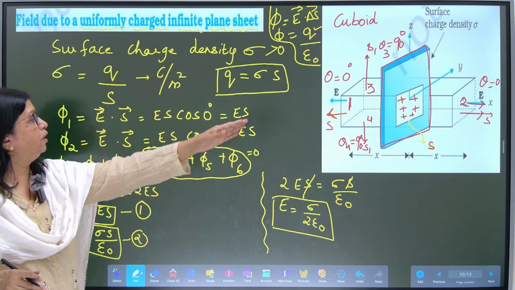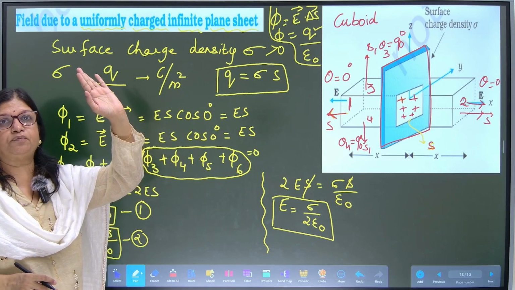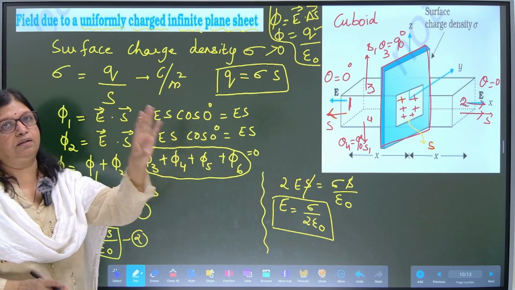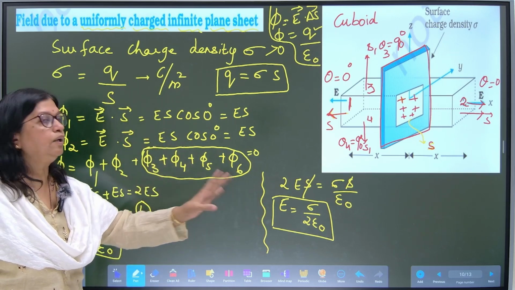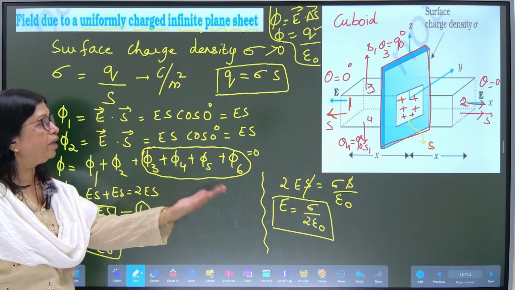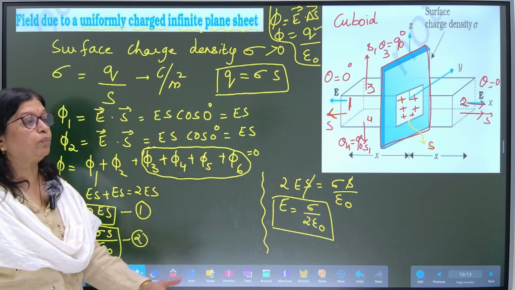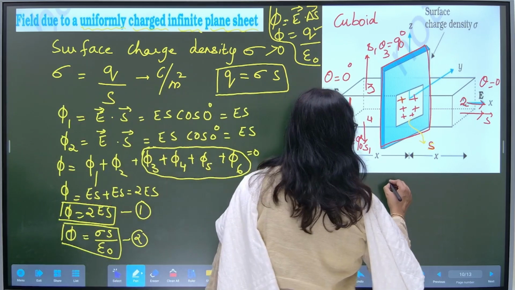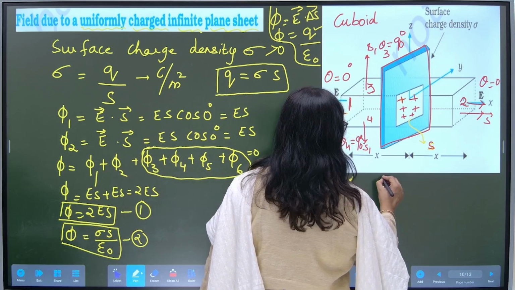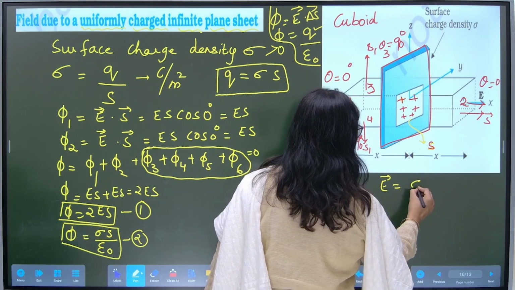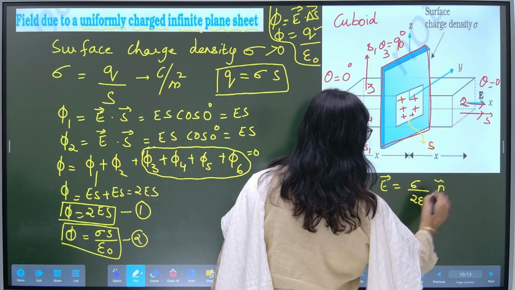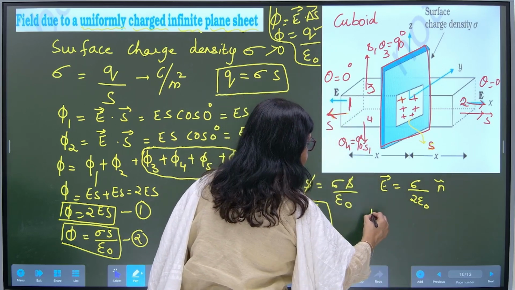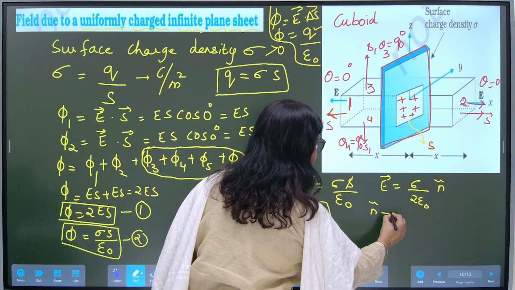Irrespective of the shape of the Gaussian surface which we have imagined, there is no area element in the formula. If I want to write the vector notation of this, then I write E arrow is equal to sigma upon 2 epsilon naught n cap, where n cap is the unit vector.